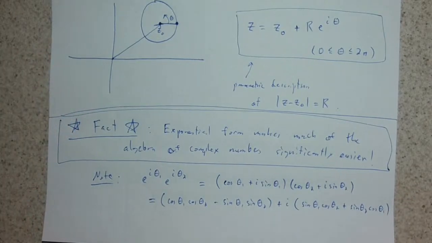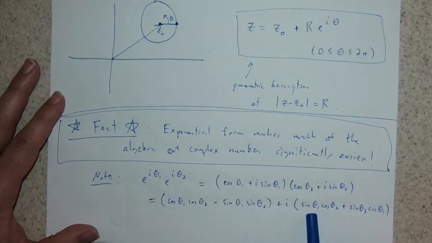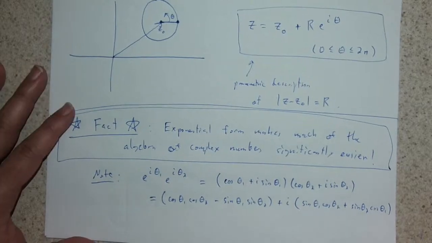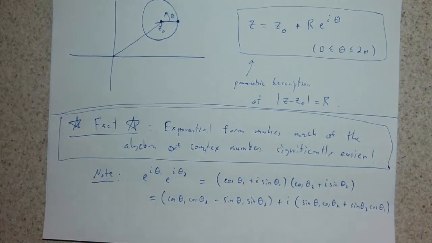And now, if you look closely and think real hard, you might say, wait, I've seen these expressions before. If you remember all of your nice trig identities from high school, you'll notice that these are two of them.